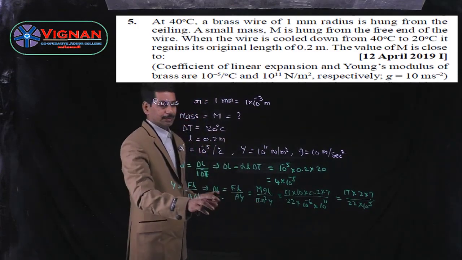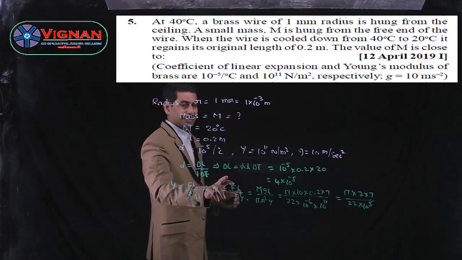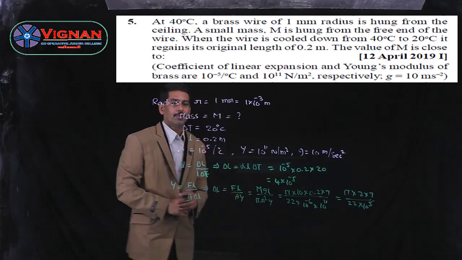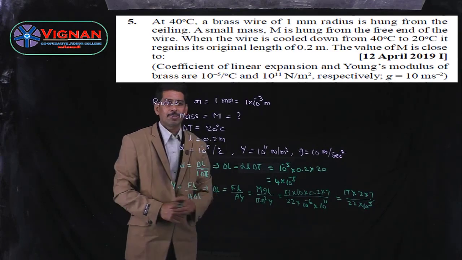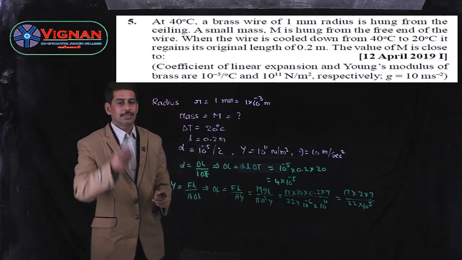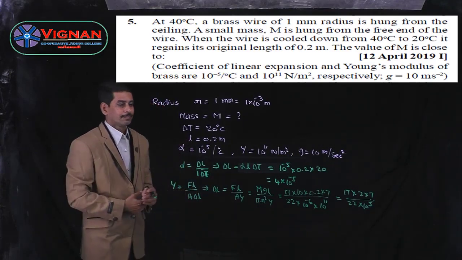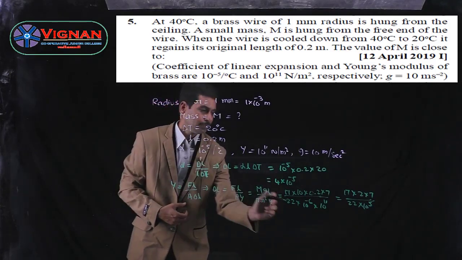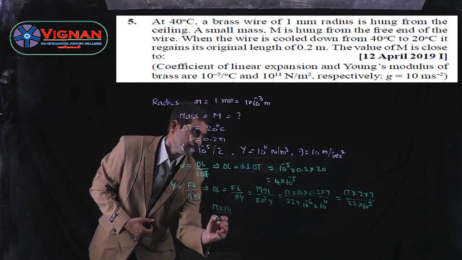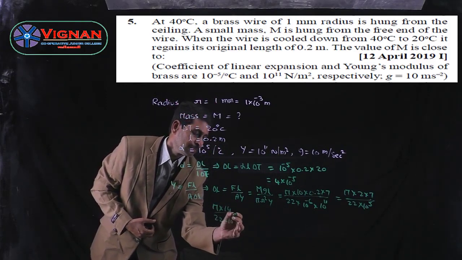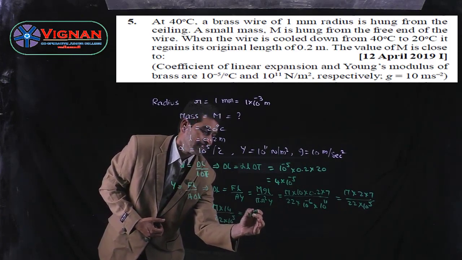So this is the change in length found from the Young's modulus expression, and this is the change in length from the coefficient of linear expansion. These two changes in length must be equal, because the wire is hung from the ceiling. So by equating these two, we get m into 14 by 22 into 10 power 5 must be equal to 4 into 10 power minus 5.